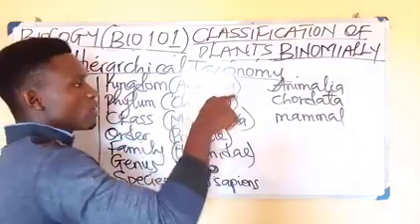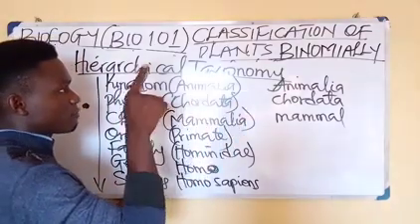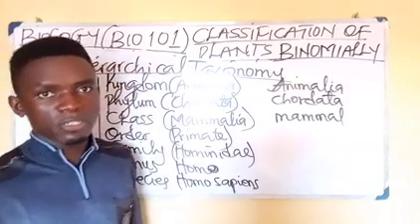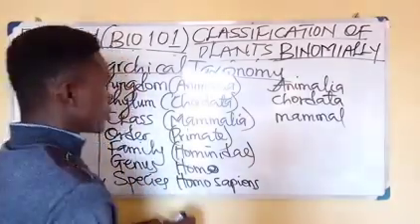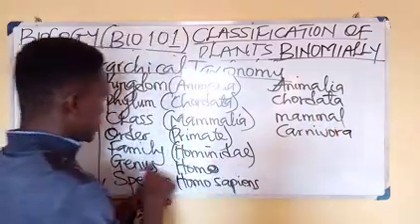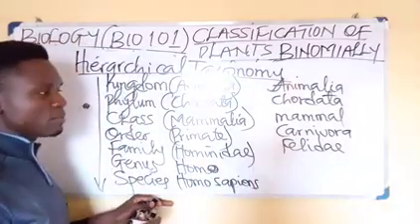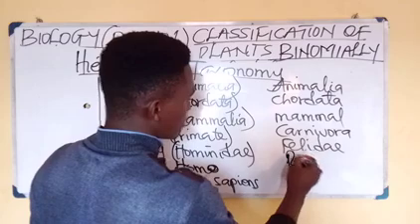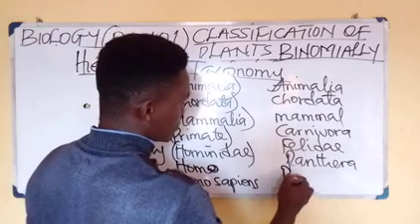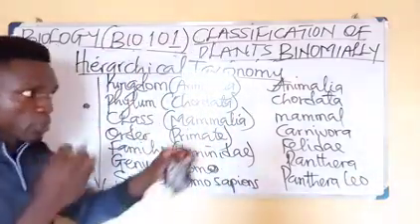No, the order of lion is not primate. Because lion is a flesh-eating organism, it is carnivorous, right? So the order is Carnivora. Then the family is Felidae. Then genus Panthera. Then the species: Panthera leo. Alright, so this is how it is.